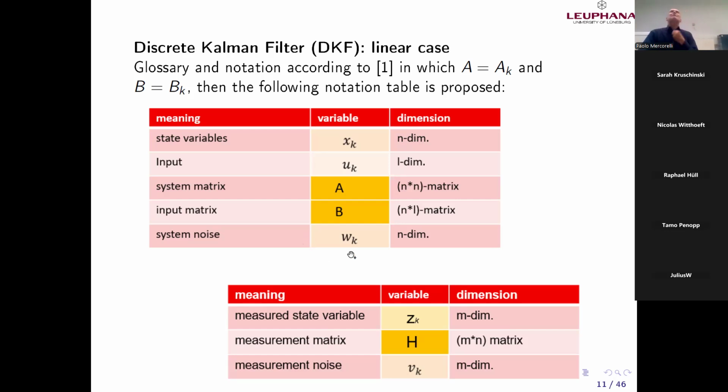Somehow the name defines the thing. Look at this. Here is a vector similar to x_k, similar in the sense of the dimension. But of course, we have a big difference: the word noise.